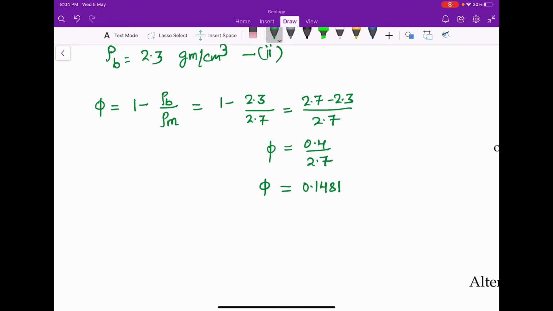So this is the value in decimal, or in fraction phi will be 14.81%. So the porosity will be 14.81%.